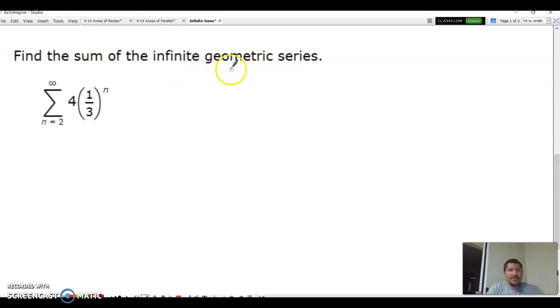Alright, so find the sum of the infinite geometric series. So now in this instance, there's r. I have to find my initial point.